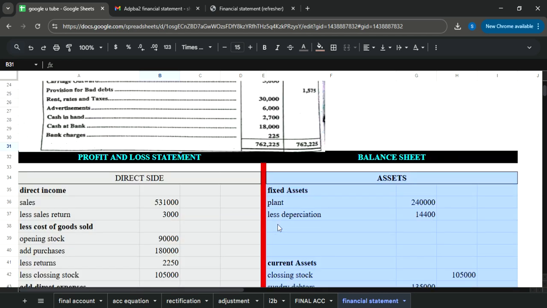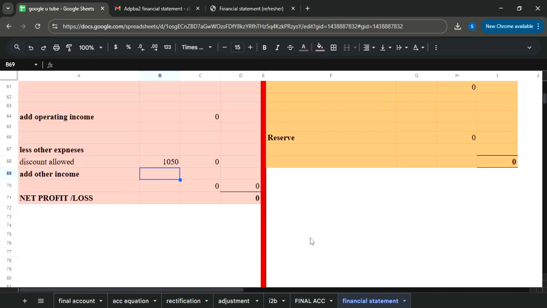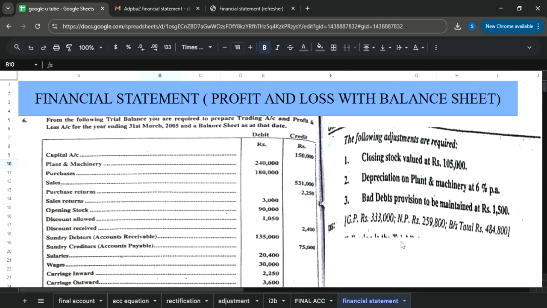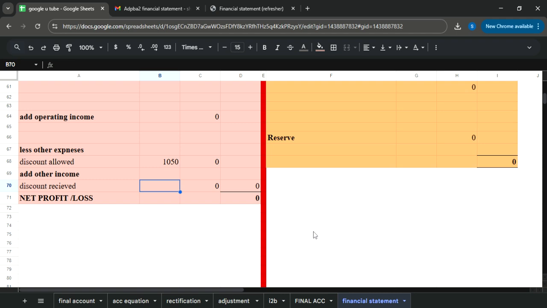After which we have discount received 2400, and this would come over here. Discount received, amount is 2400. So mention 2400 over here.